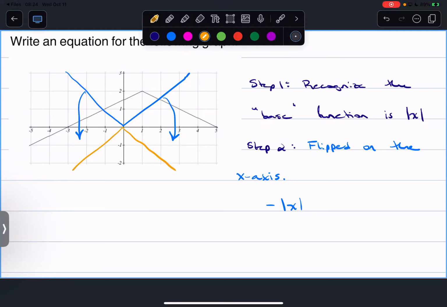Now we need to move this thing, but it also looks a little bit wider than the absolute value function. What's the thing about the absolute value function? Hey, I did a pretty good job. The slope of the absolute value function is 1, right?